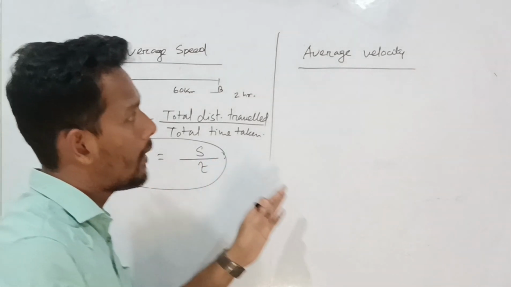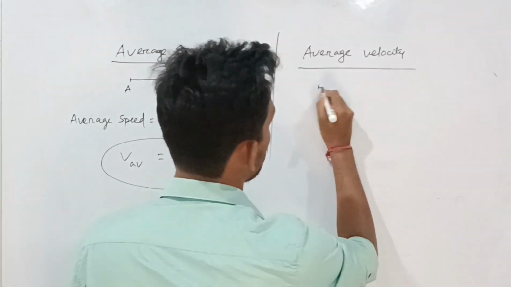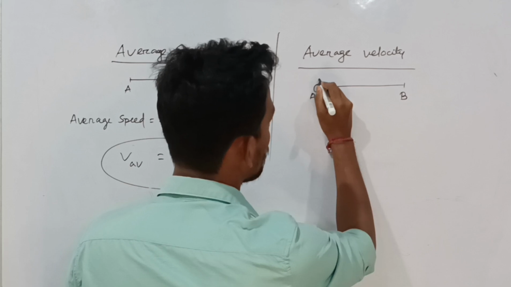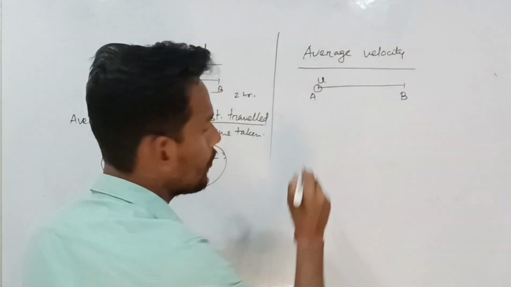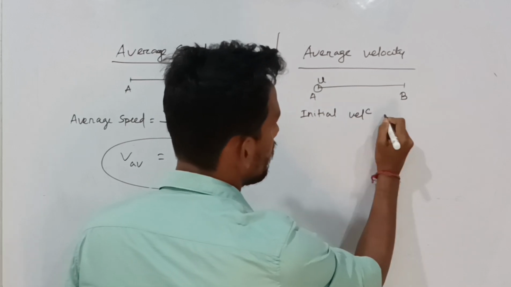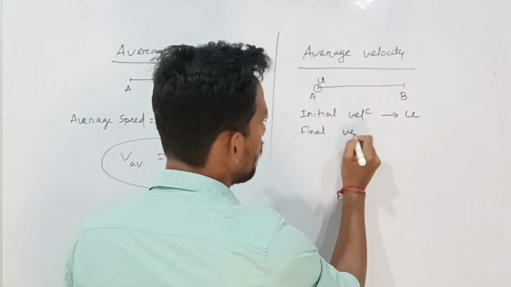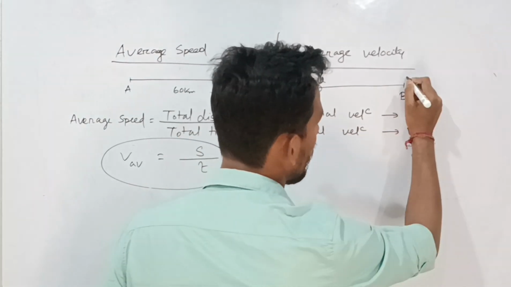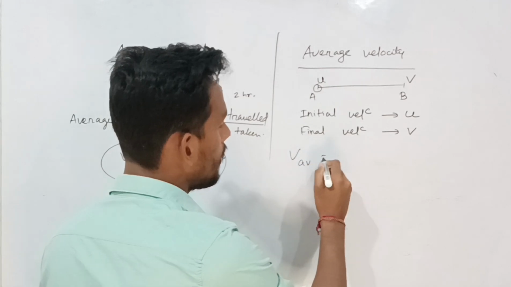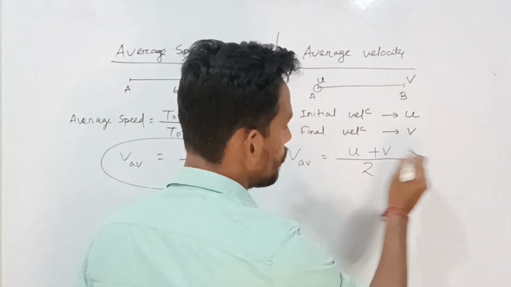It is almost the same, but in the case of average velocity, the formula is somewhat different. Suppose you are moving from A to B. Your initial velocity is u, and the final velocity is v at point B. Now your average velocity will be initial velocity plus final velocity by 2.